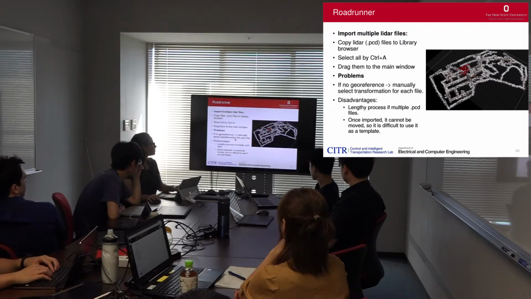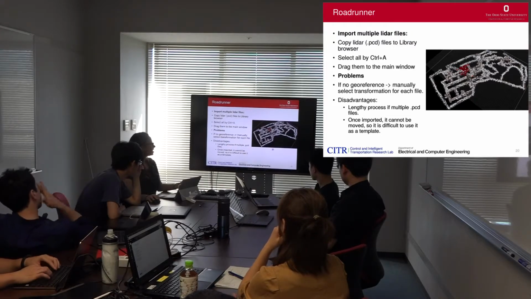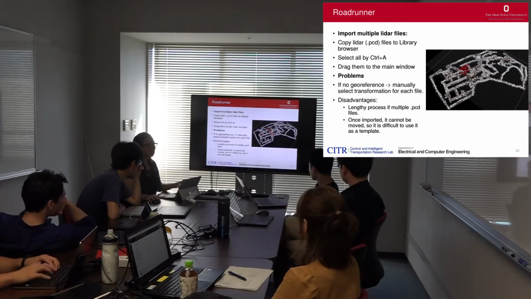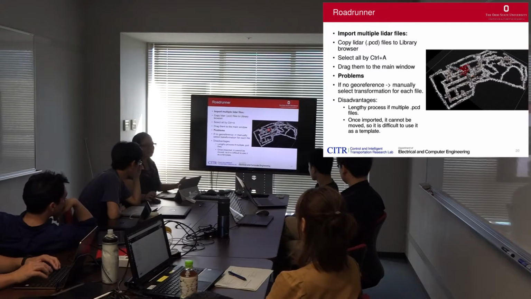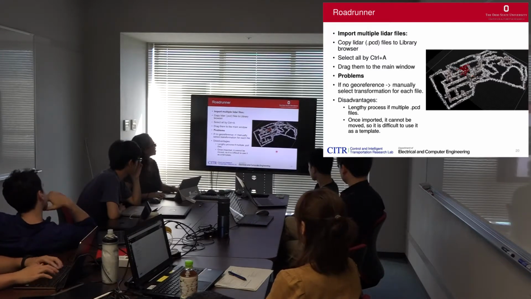And when you add them manually, it's a lengthy process because you can do this only one at a time. And once you import this, it cannot be moved. So if you created this with a wrong origin reference, then you have to start all over. At least for now. I don't know if they will change.